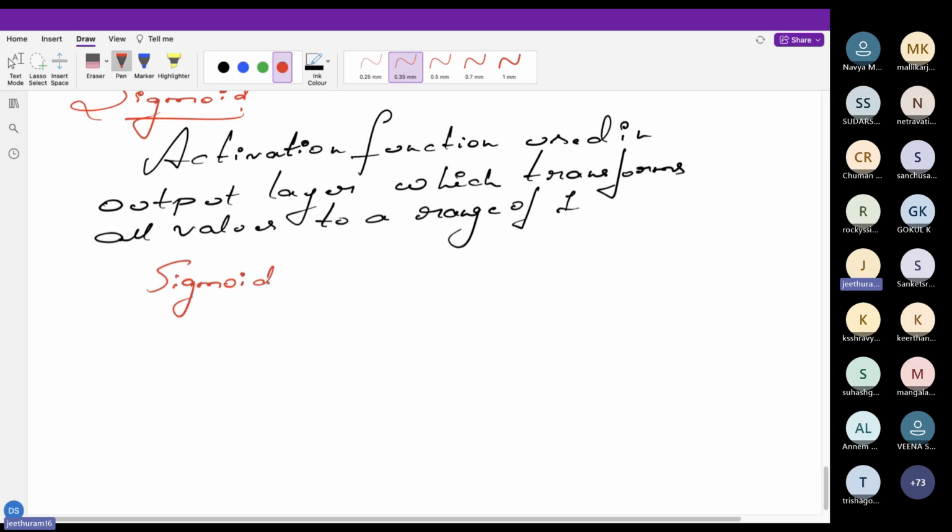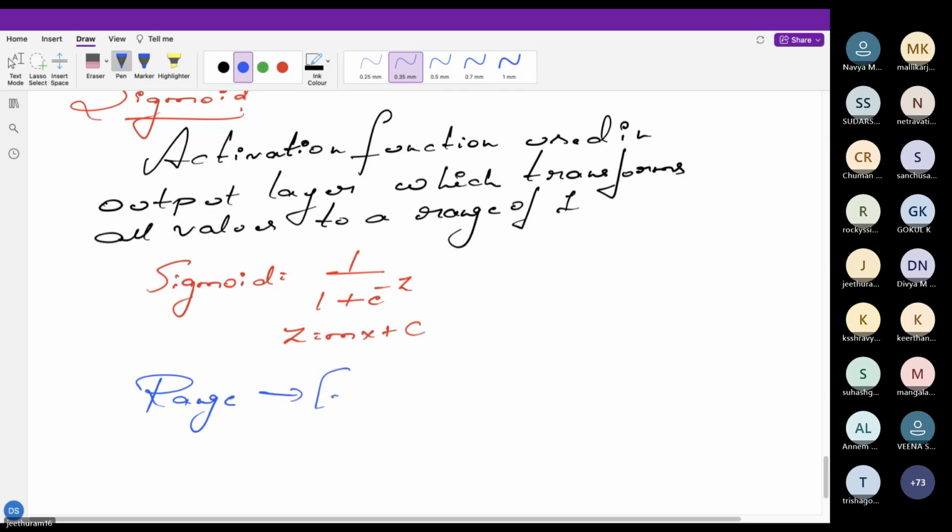The sigmoid formula is 1 over 1 plus e power minus z, where z is mx plus c. What is the range of sigmoid? 0 to 1. And the graph looks something like this. This is a sigmoid curve.